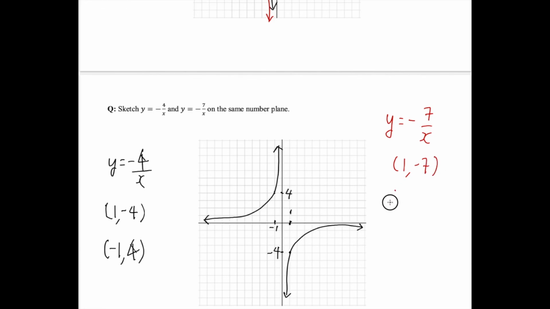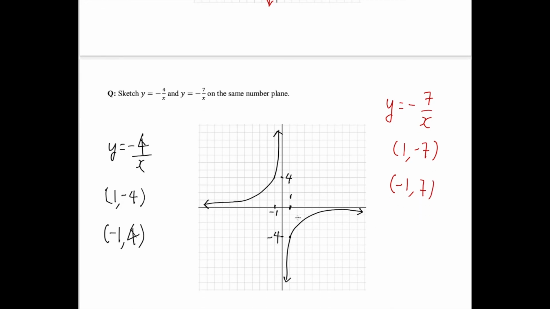When x equals minus 1, y is equal to minus 7 over minus 1, which is 7. So these are the 2 points that we can put on the graph, okay? So we have 1 and minus 7, so here. That's one of the points. And then we have minus 1 and 7. That's the other point, right?